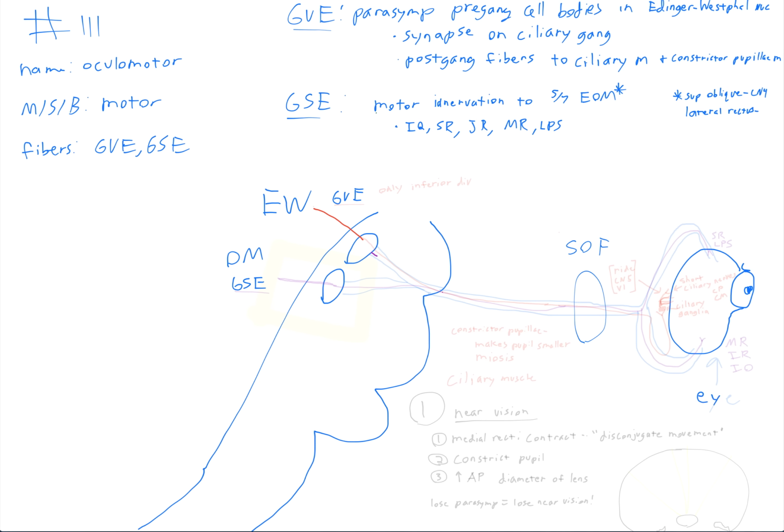Some of them are going to go in the superior division, and some of them are going in the inferior division. The superior division is going to feed your superior rectus and your levator palpebrae superioris muscles. Again, the GSEs in the superior division are going to feed your superior rectus and your levator palpebrae superioris.